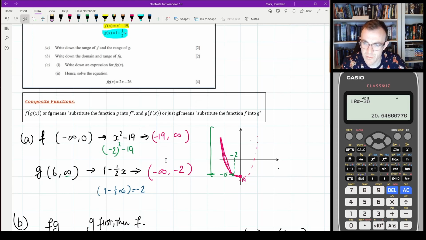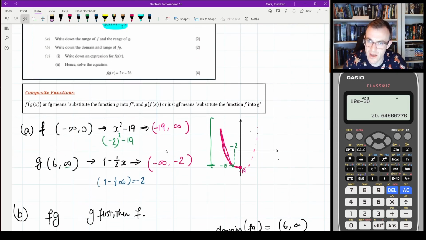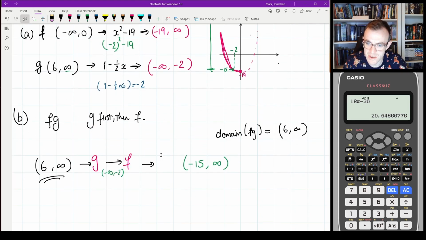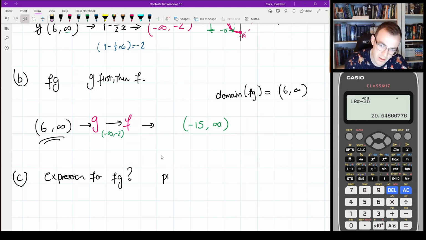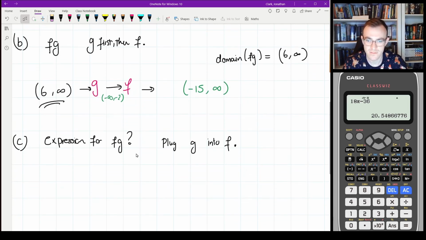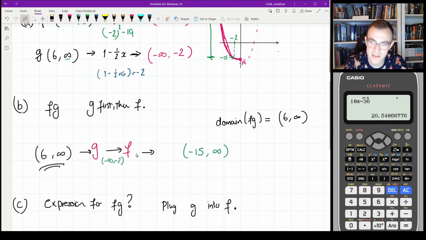Write down an expression and then solve that. Okay, so fg, let's see. I'm going to plug the function g into the function f. So the function g was 1 take away a half x, I think.